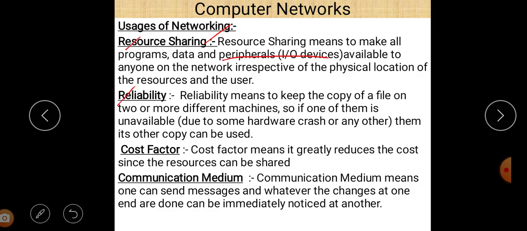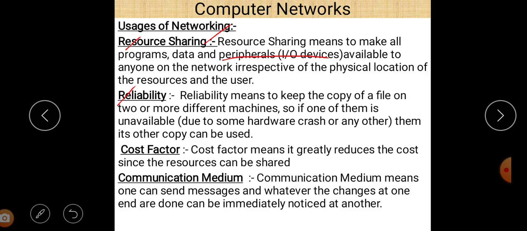Second is reliability. Reliability means to keep a copy of the file on two or more different machines. So if one of them is unavailable due to a hardware crash or any other problem, then its other copy can be used. That is the basic advantage of the computer network, that copies of data or software are available.